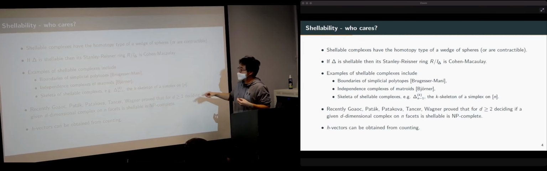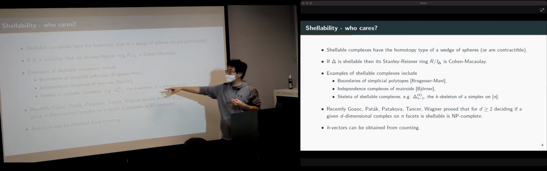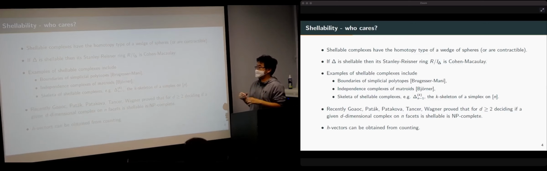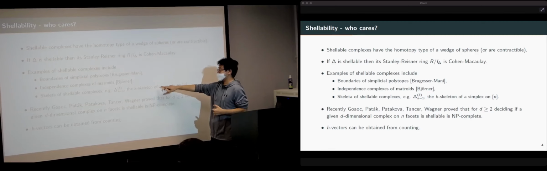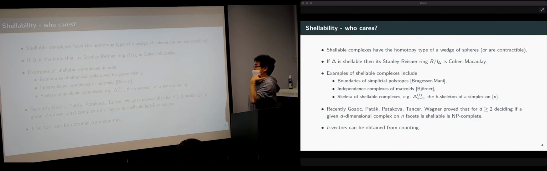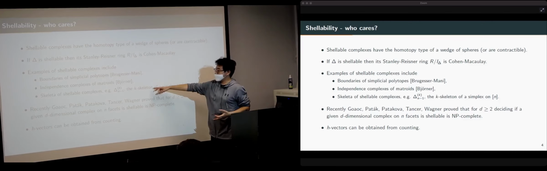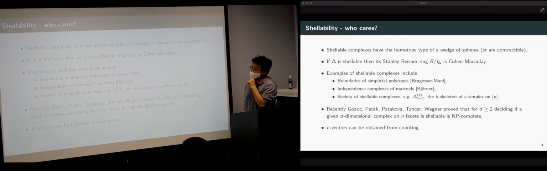Moreover, if you have a shellable complex and you pick a dimension threshold, shed all the faces above that dimension and just take the faces below it, that is, you're taking the k-dimensional skeleton of that complex, then the k-skeleton is going to be shellable again.